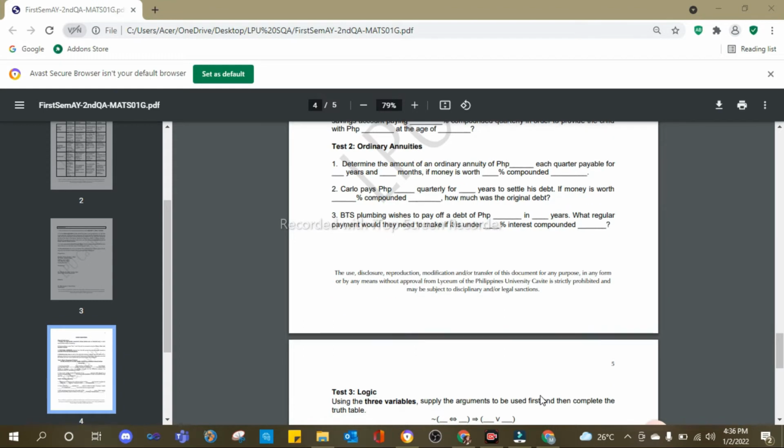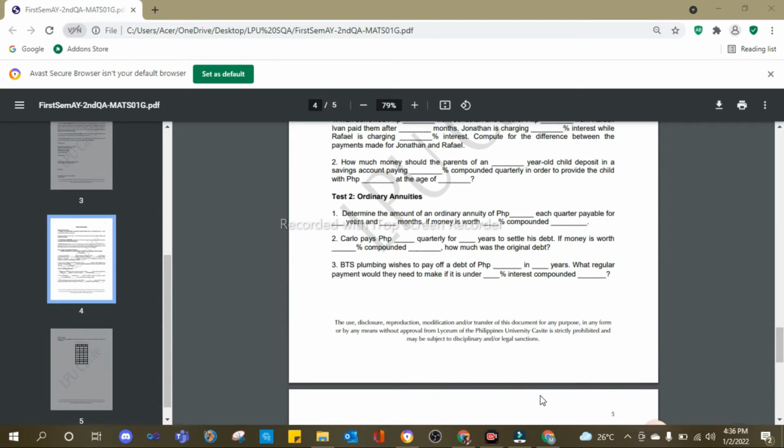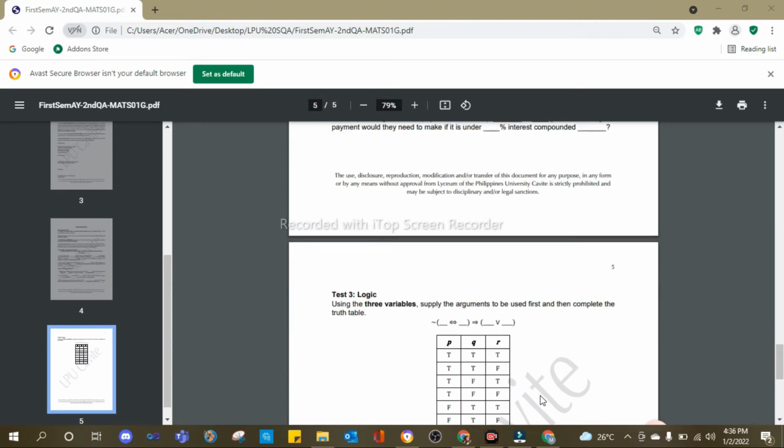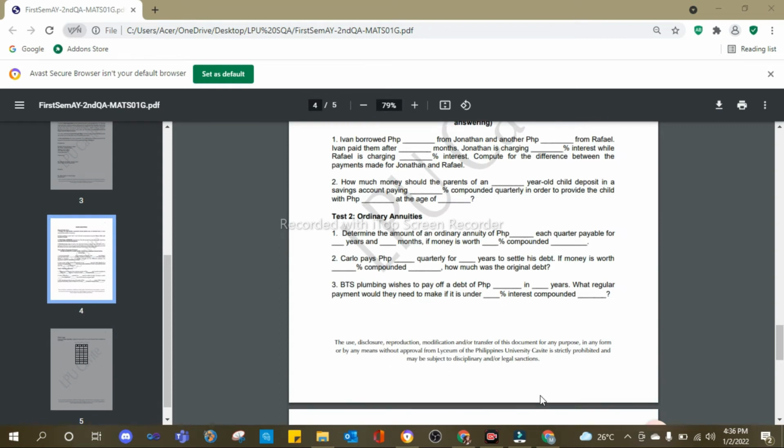And then what we're going to do here is solve this problem by transferring this from my whiteboard and marker.